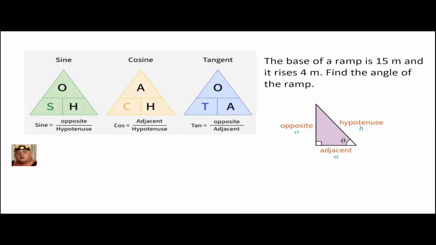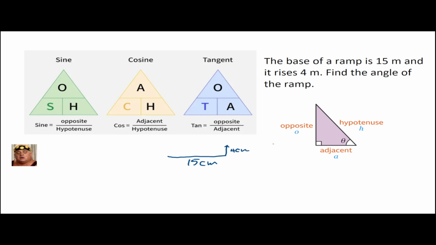Another word question. The base of the ramp is 15 meters and it rises 4 meters. Find the angle of the ramp. I think this is fairly similar to the incline that we had before. Isn't the base of the ramp the bottom bit that runs along the floor? So that's 15 meters, and it rises by 4 meters.